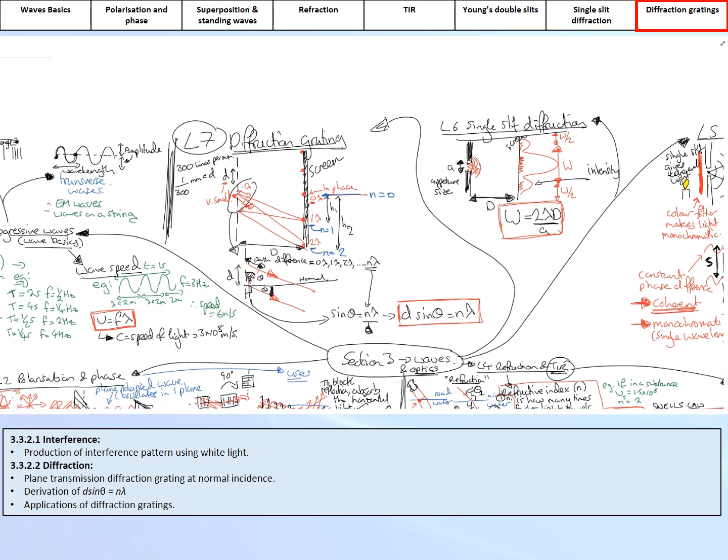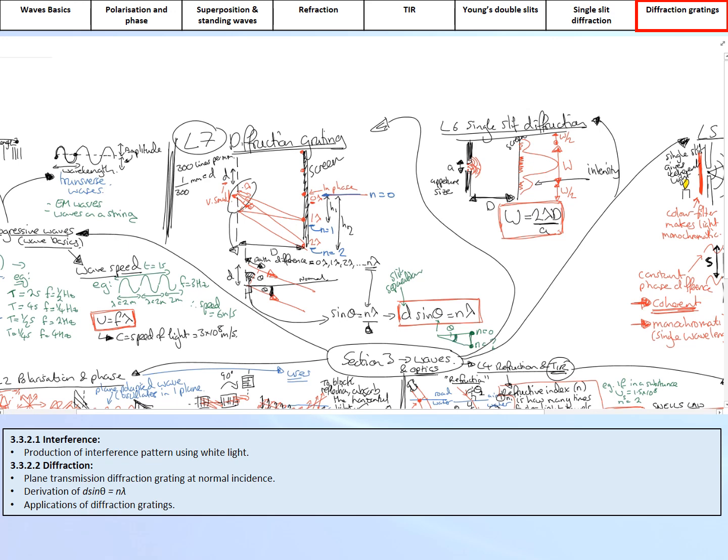So let's just label this slit separation. That's that angle theta, which is the angle here between the first dot and whichever dot we're interested in at some distance between those two maxima.